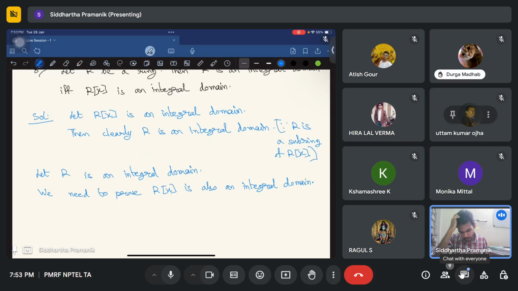So what we will do is we will prove that the product of every non-zero polynomial is again non-zero, so that no non-zero polynomial can be a zero divisor.